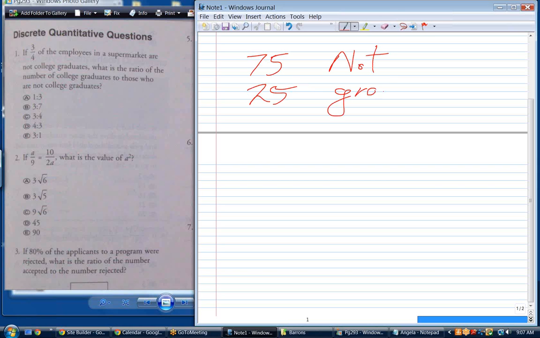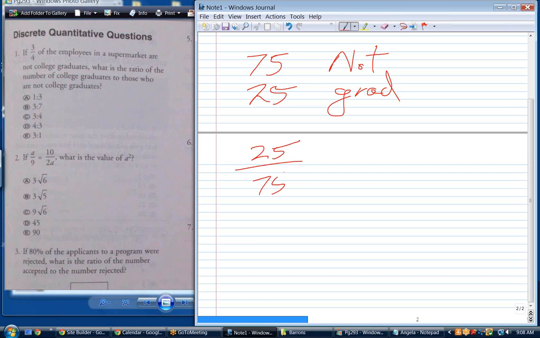Okay. So in those who are, what is the ratio of the number of college graduates to those who are not? So it's 25 to 75. And I looked into whether we needed to reduce them since you had brought that up before, and we don't. Oh, okay.